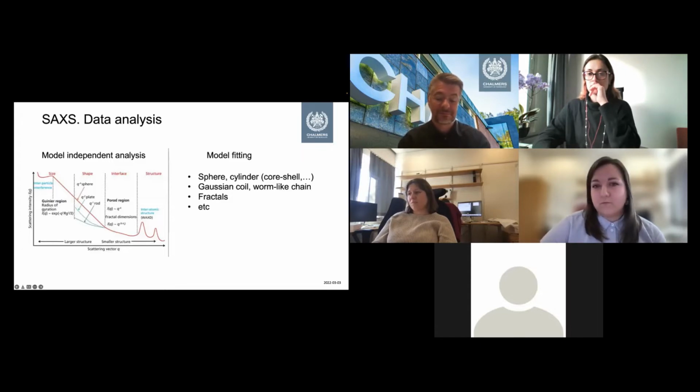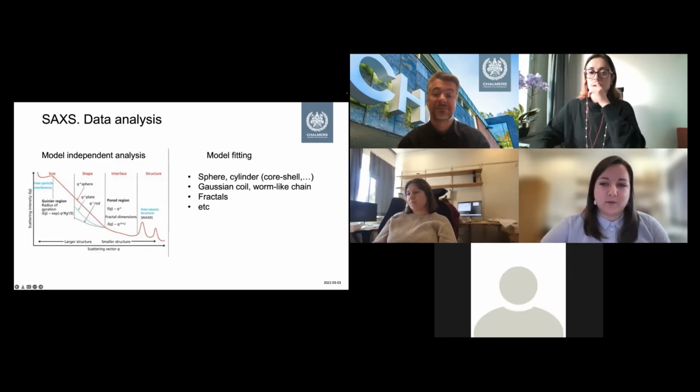There is a very wide variety of models. You just need to know which one to use for your sample. So there are models for spheres, cylinders, core shell, Gaussian coils, swarm-like chains, and fractals. You just need to know some information about your sample beforehand in order to make an informed decision of which model to use.